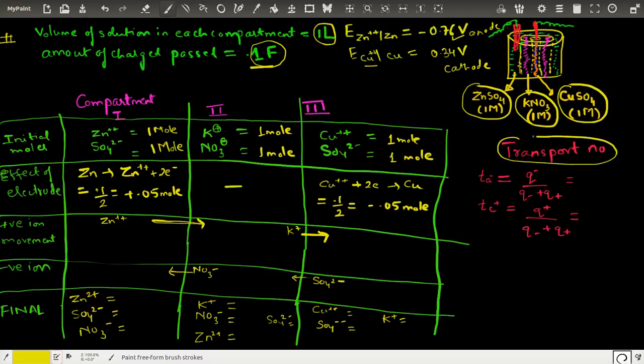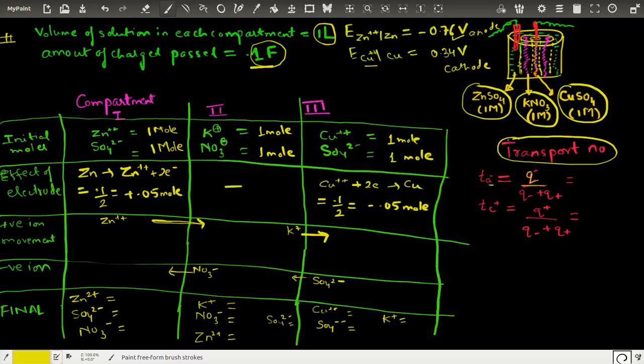When we talk about electrolyte, when we say the total charge transferred, it is basically carried in terms of anions and cations, which are a part of an electrolytic solution. So the fraction which is conducted by the anion, which may also depend on the ionic mobilities, is the charge conducted by anion upon total charge.